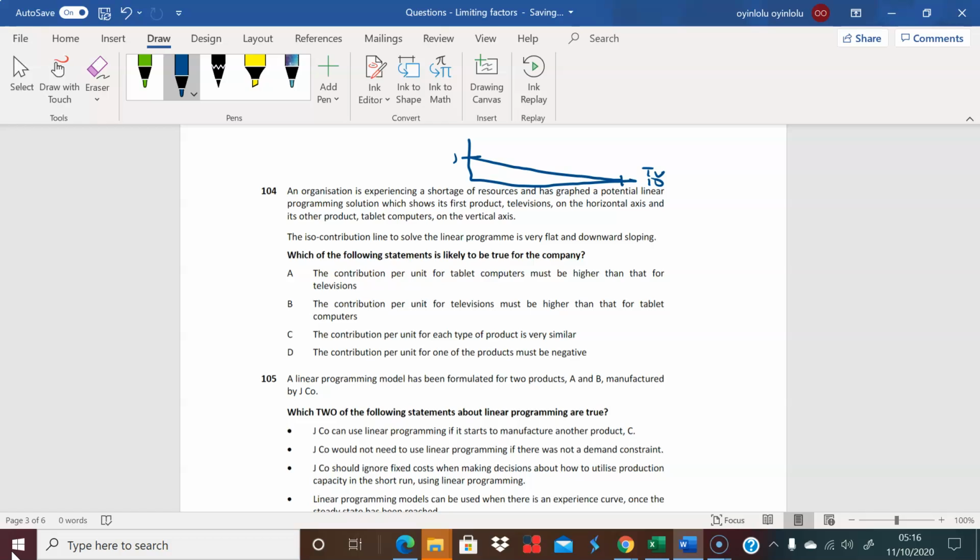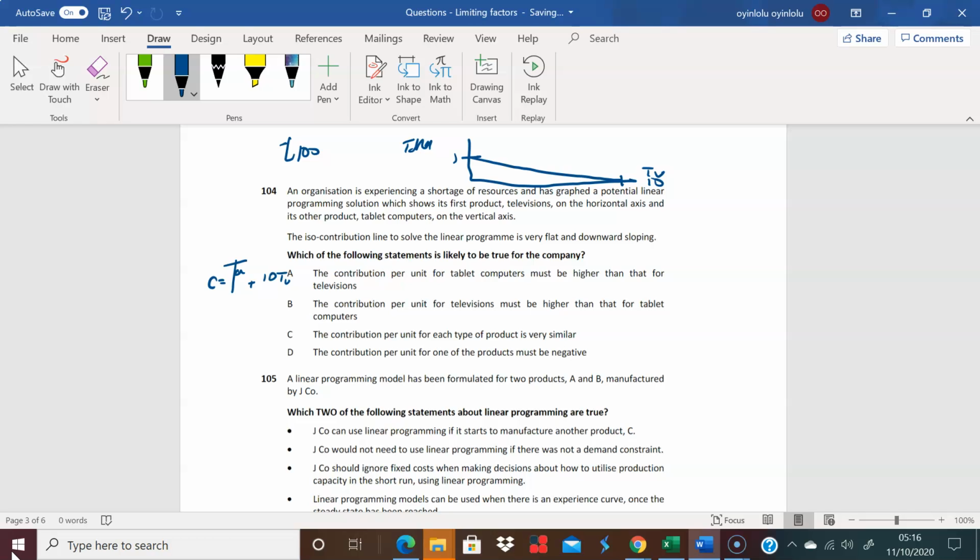So it's pretty much saying that for the same amount of contribution, say for example £100, you're selling one tablet, but you're selling 10 televisions, because that's the iso-contribution line. That's how we determine it. If you like, C is equal to tablet plus 10 TVs, so to speak. That's kind of your curve. Right, and we close out this first.